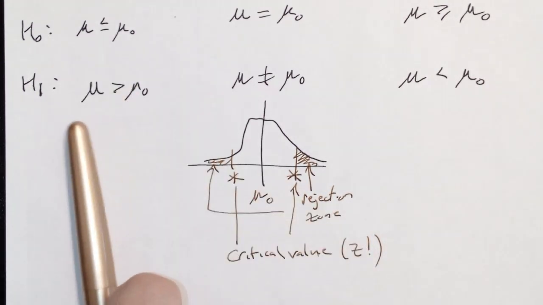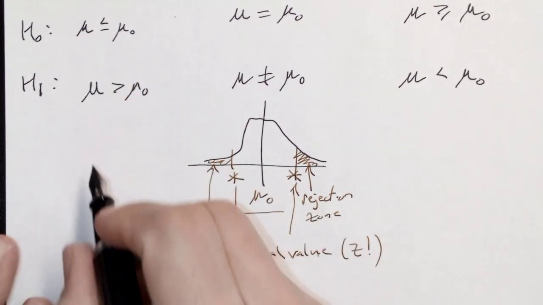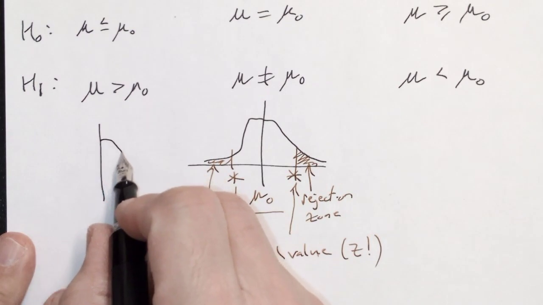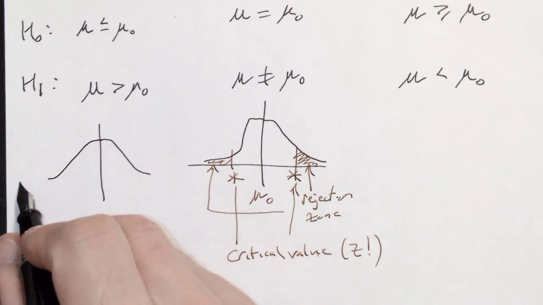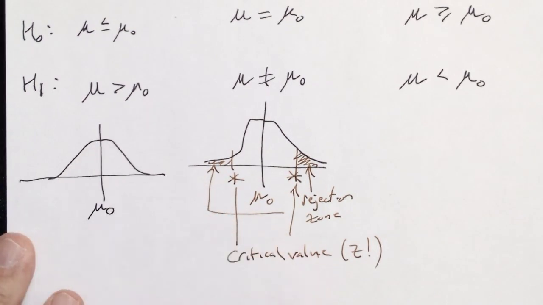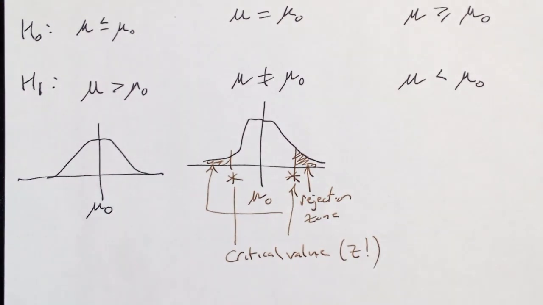In this normal picture, where's my rejection section? Where's my alternate show up?